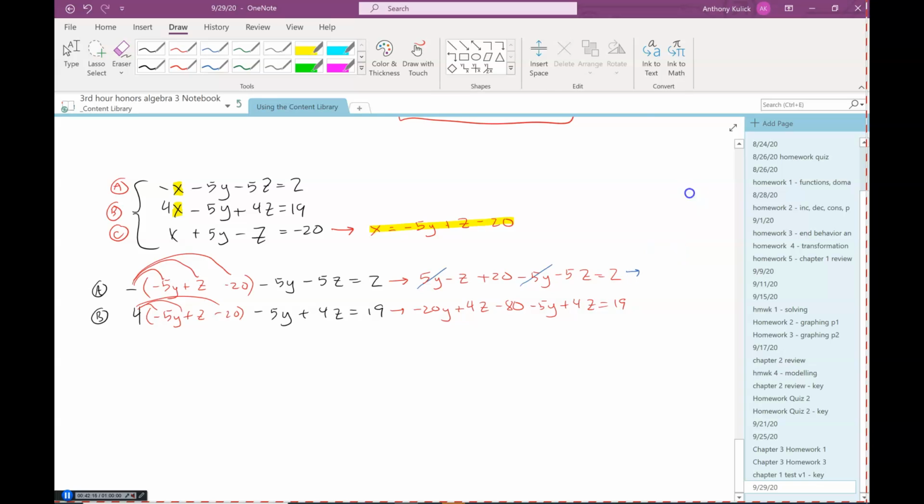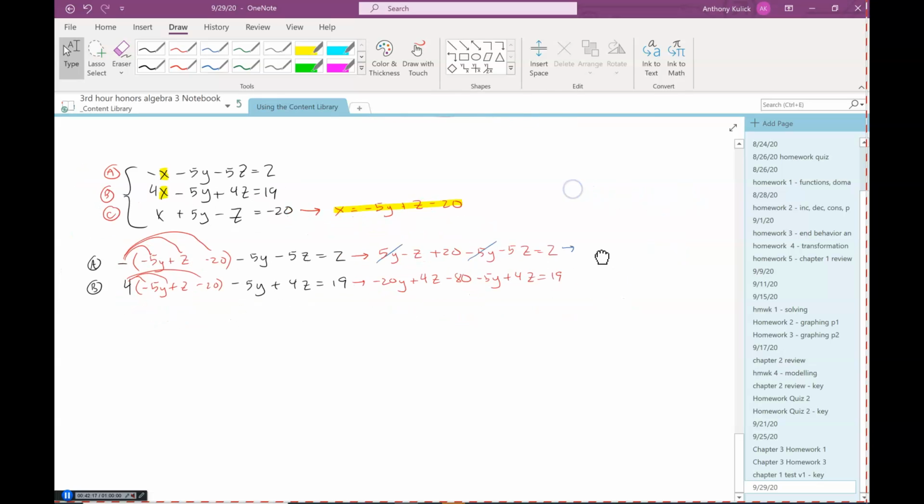No. But it happened this time, which is fantastic for us because it saves us having to do another step. So if I do the same combining down here, I have minus 25y plus 8z minus 80 equals 19.